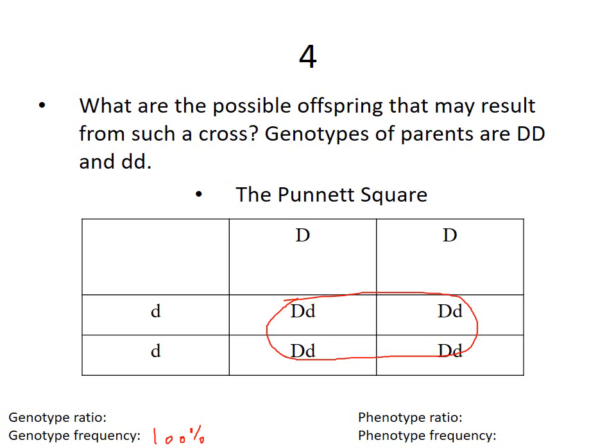This is like a pure breeding example that we saw with Mendel. So it's 100% heterozygous. Our genotype ratio, well, it's all big D, little d. Our phenotypic ratio, well, it's all detached, or 100% detached if it's proportion form.